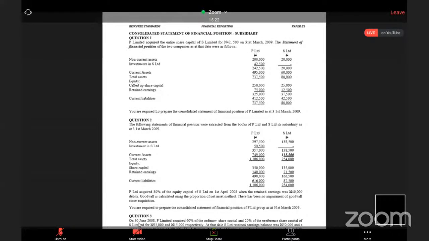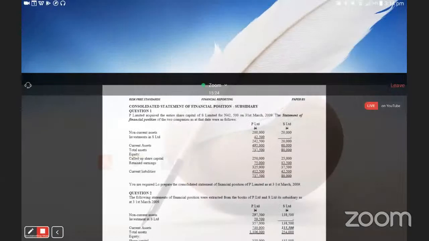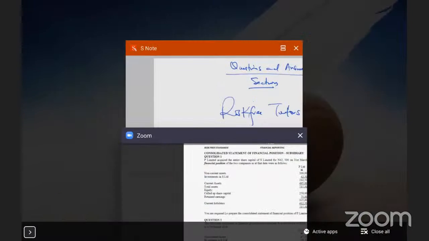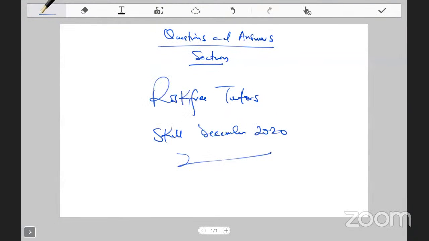How do we solve that requirement? And how will that requirement be tackled in our exam? So let's go there and we'll move.